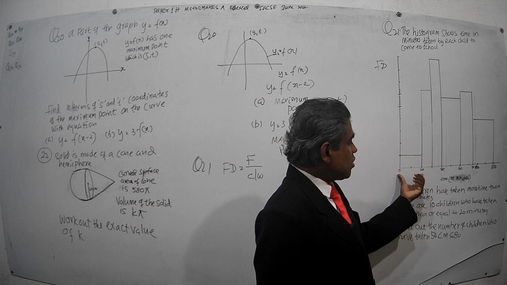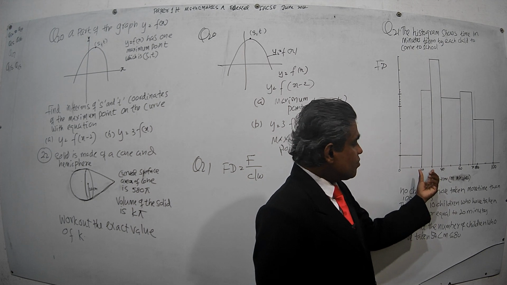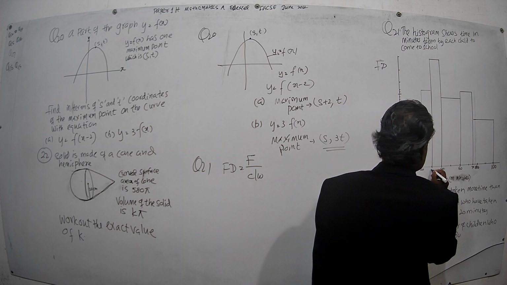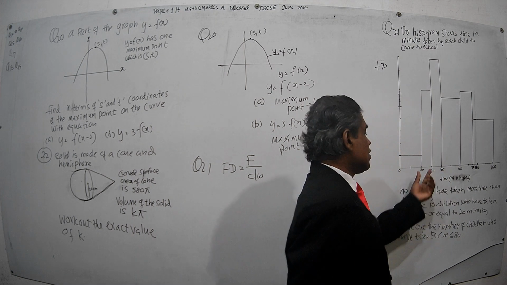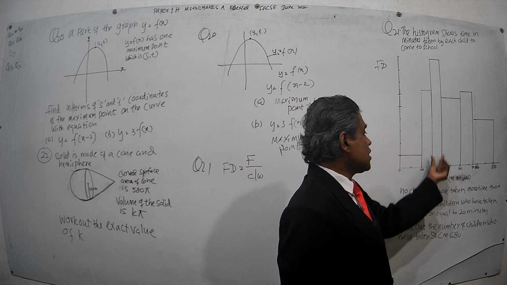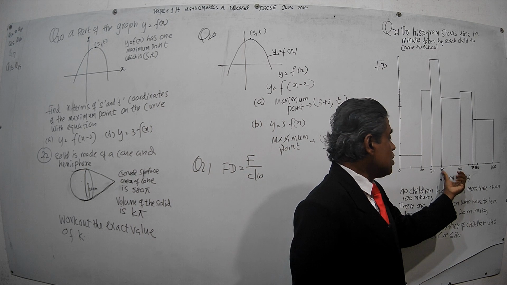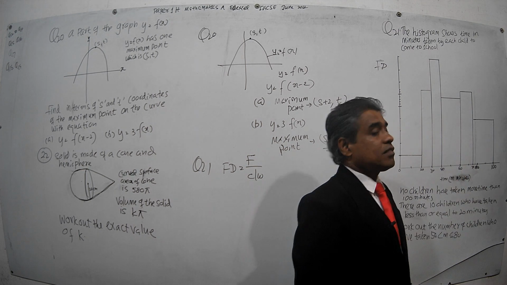Here the class width is 20. Here it is 20, 30, this one is 30. Then the class width of this is 10. The class width of this column is 40 to 60, that is 20, and so on.